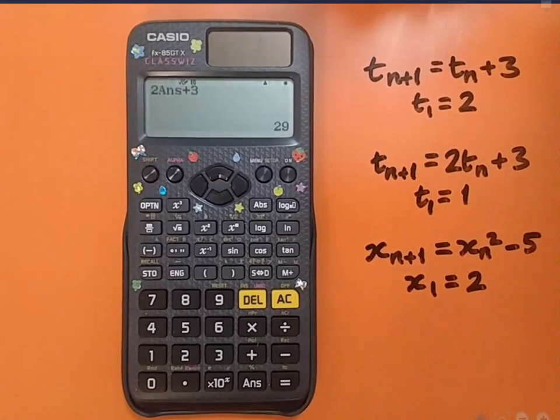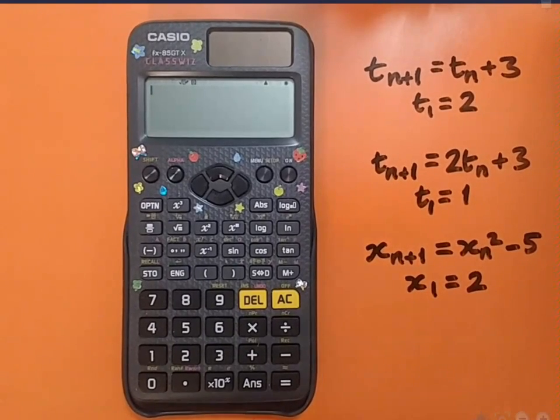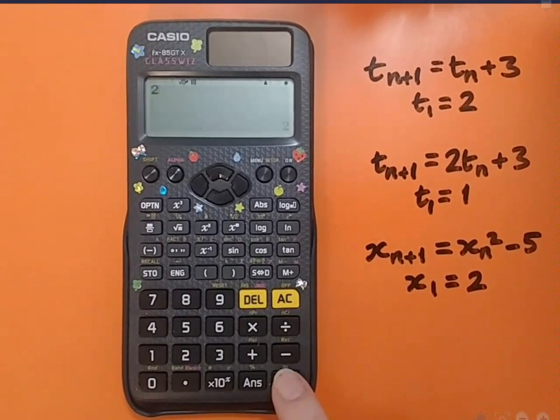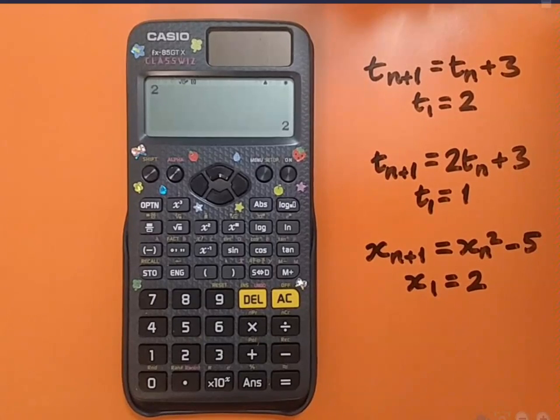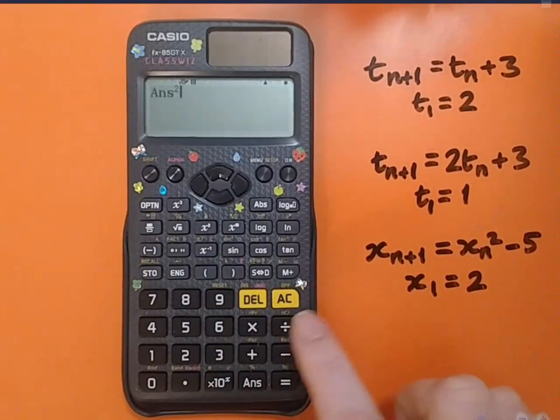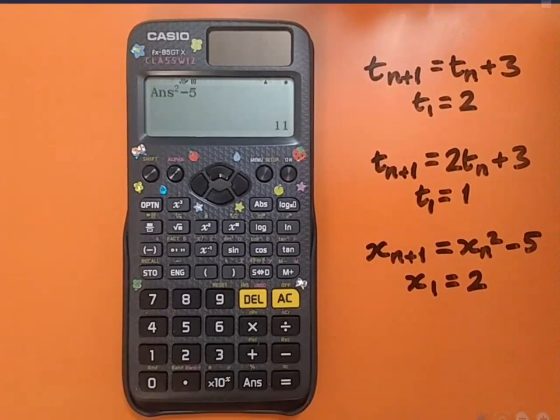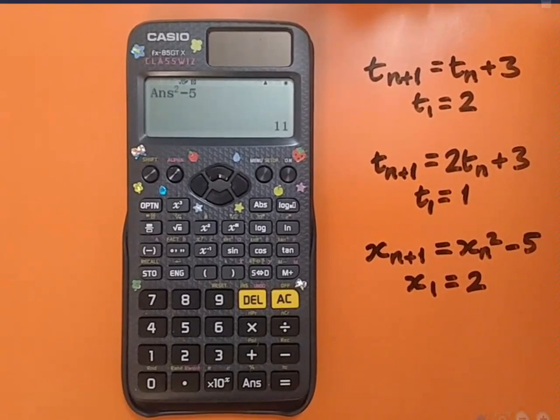So you can see it's much quicker than working it all out manually. And finally, for the third example, we're starting with 2 again. Press equals to save it in the memory. And then we do ans squared minus 5 equals, and there's our second term, equals, there's our third term, equals, there's our fourth term.